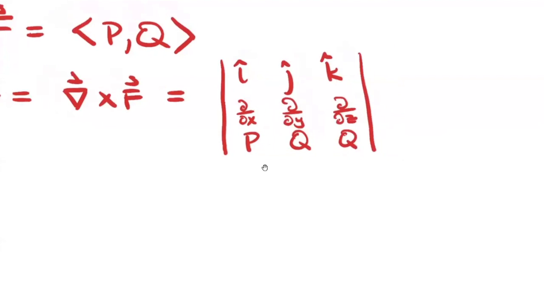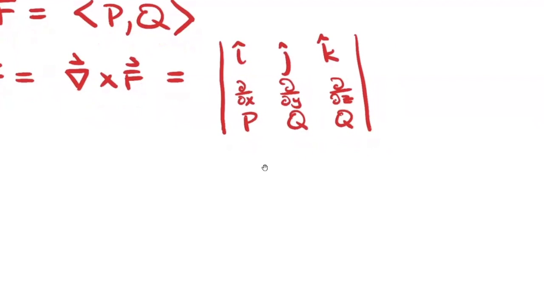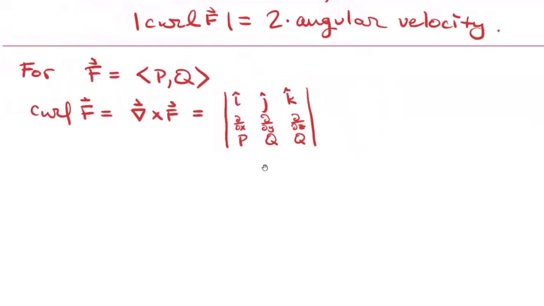Okay, so there it is. Just real quick. So the i component is going to be Q. Oh, that last component should be 0. Okay, so the i component is the derivative of 0 with respect to y, which is 0. You have to remember that P and Q are both functions of x and y.